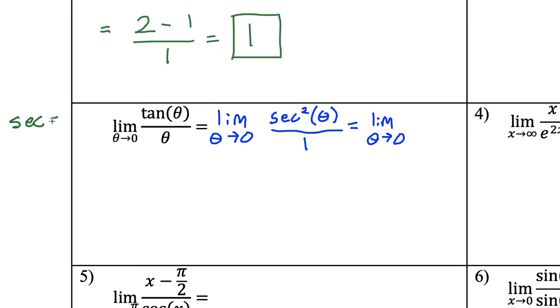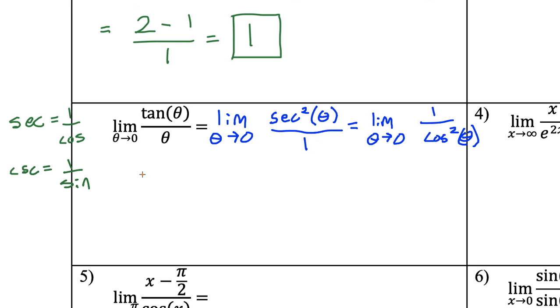Secant is the same thing as 1 over cosine, and cosecant, you'll never see it, but just in case you want to know, cosecant is 1 over sine. So this is really asking, what is the limit as theta approaches 0 of 1 over cosine squared of theta?